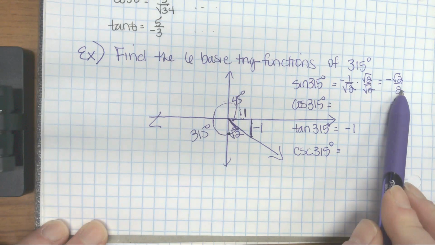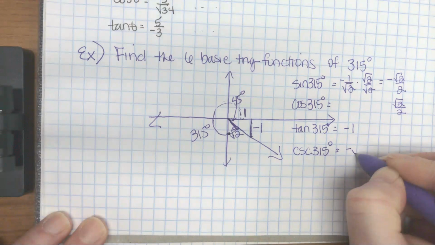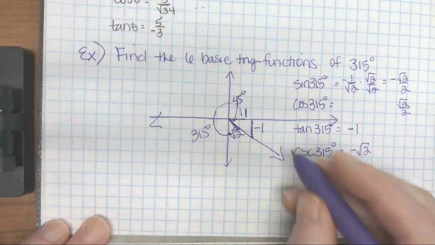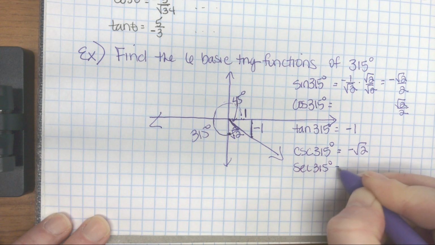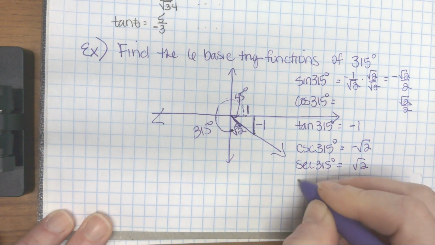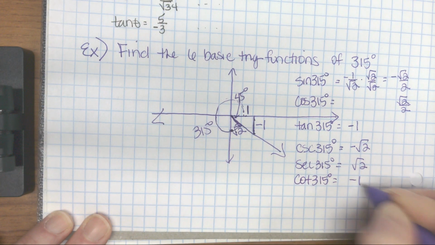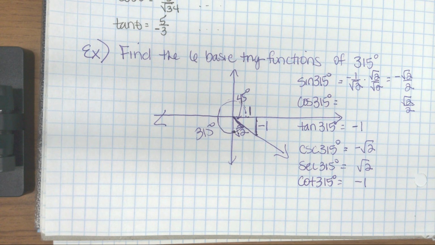So if I flipped this around, that would be -√2, wouldn't it? Because it would be root 2 over -1. And then the secant would be positive root 2, and the cotangent would still be -1. So that's how we use a reference triangle with our exact measures.